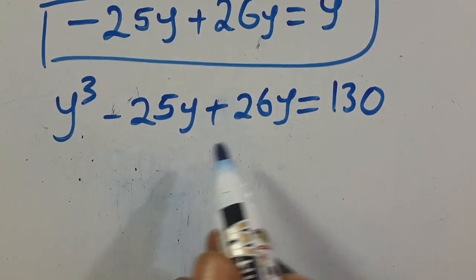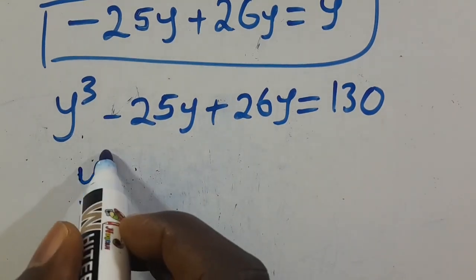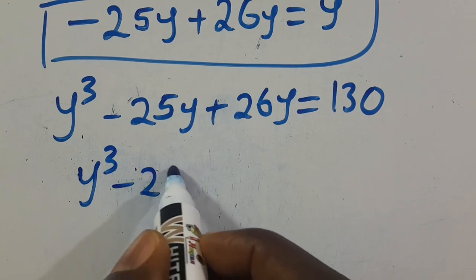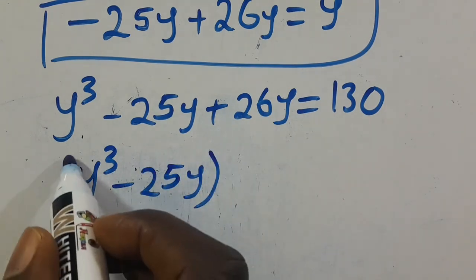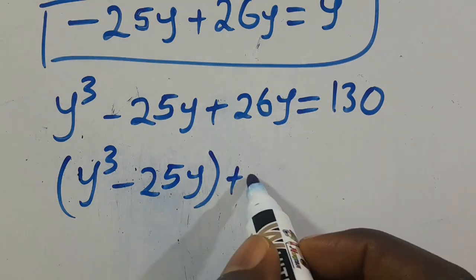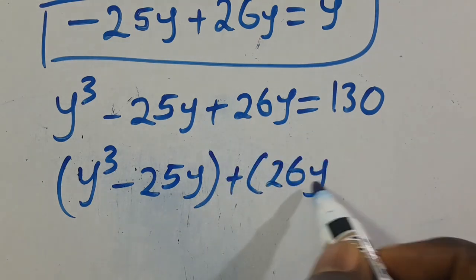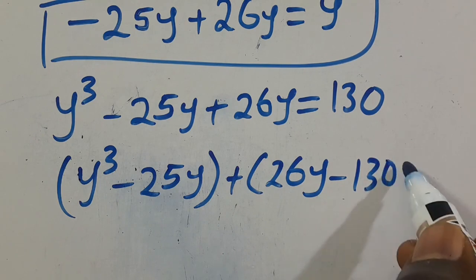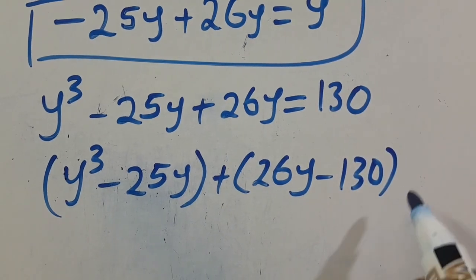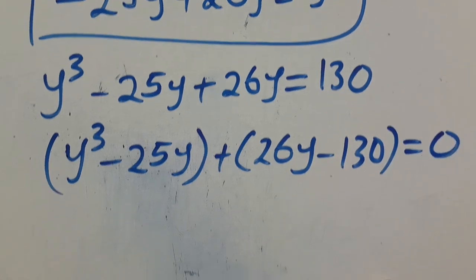Then let's group them: y to the power of 3 minus 25y, and then 26y minus 130. Then we close it, and let's set everything equal to 0.